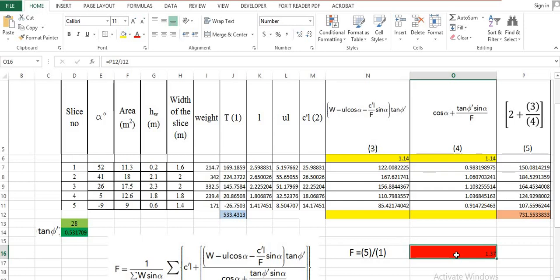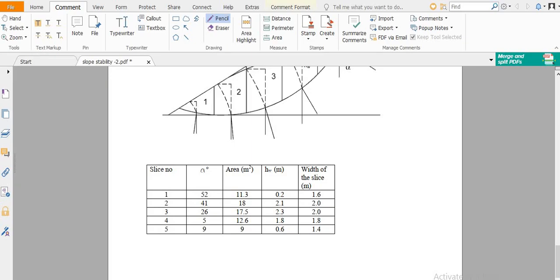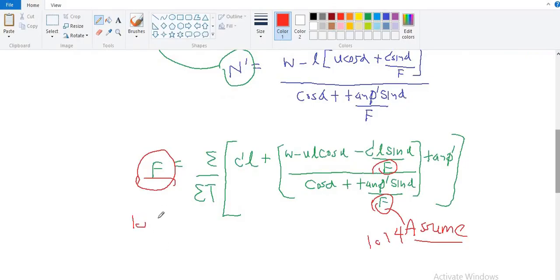So therefore, in the next step, we use the output value as the assumed value. So now we are going to use this 1.37 as the assumed value, right? We obtained 1.37 from this. Now we put the assumed value in the second step.